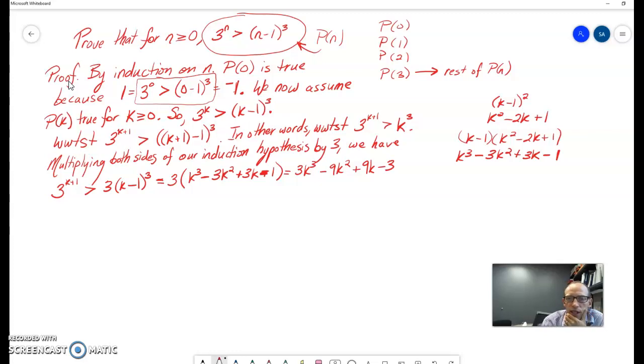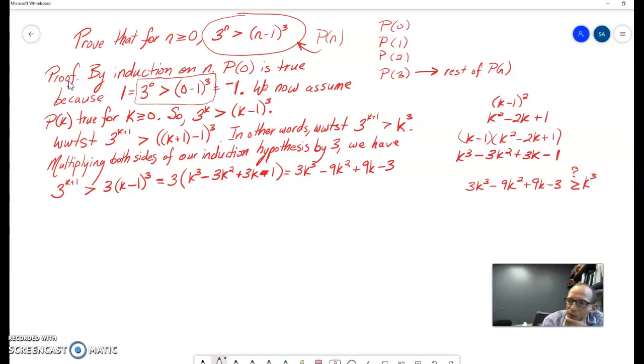So here's where I think we can, let's do a little side work. So we want to show this is what we want to show, that this is greater than or equal to k cubed.